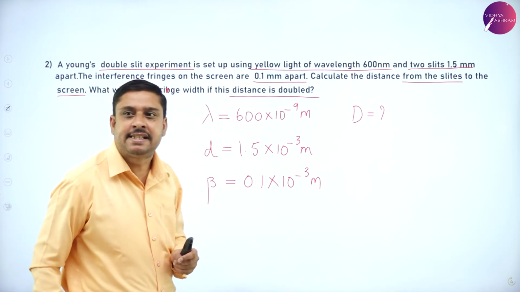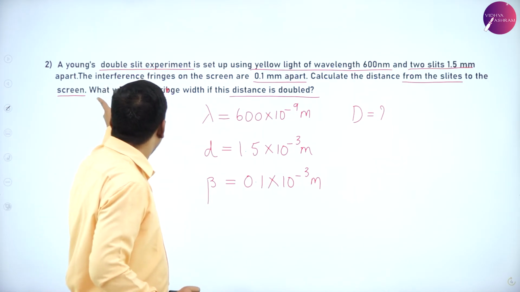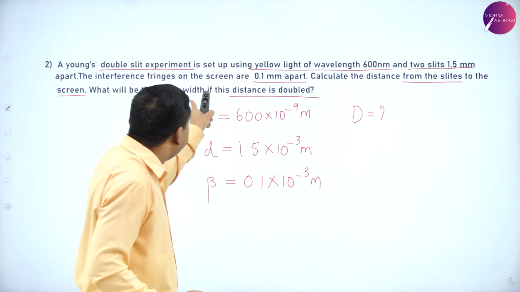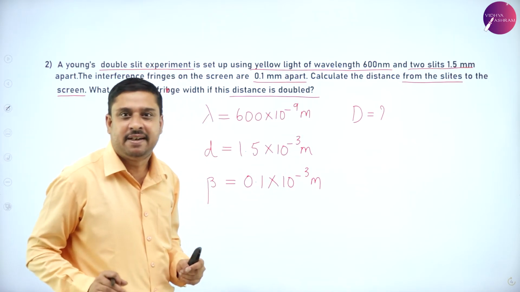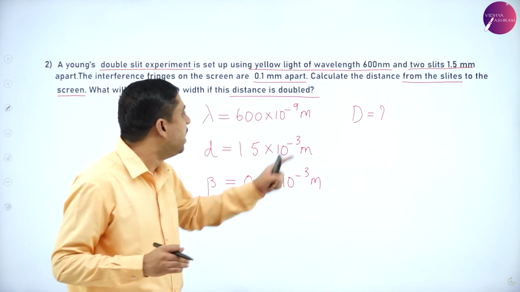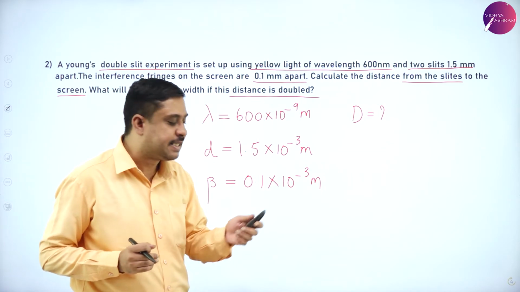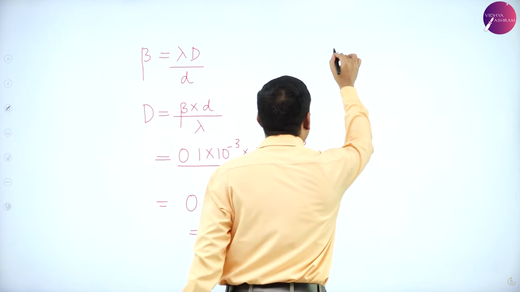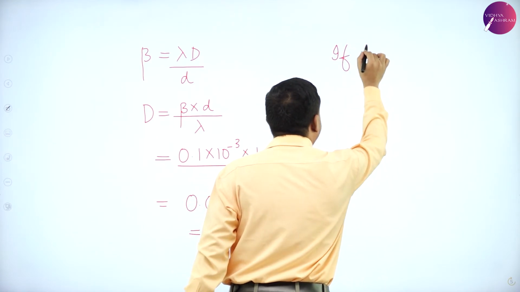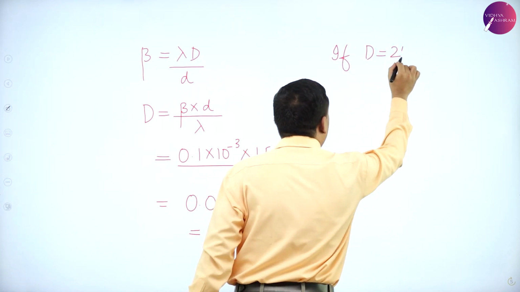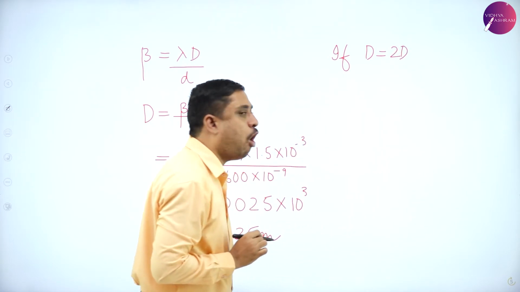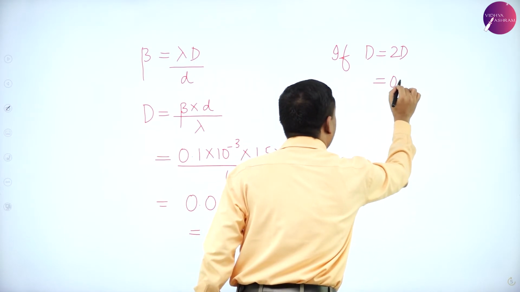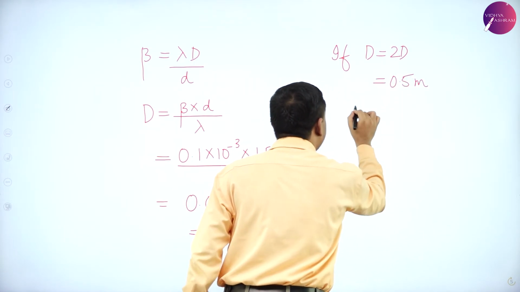The next question says, what will be the fringe width if this distance is doubled? New fringe width if the distance is doubled. Therefore, now D becomes 2 times D, so 0.25 into 2, which is 0.5 meter.